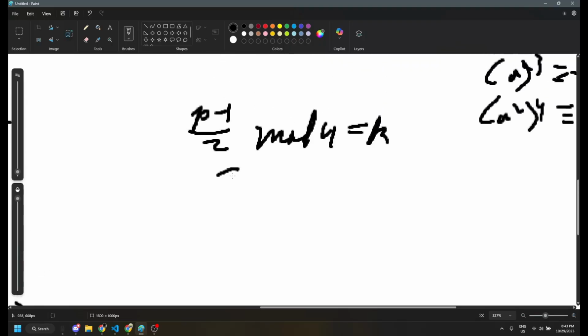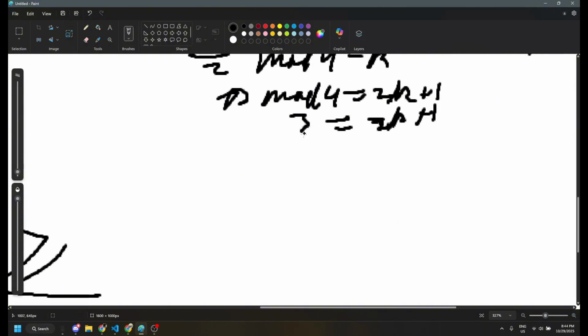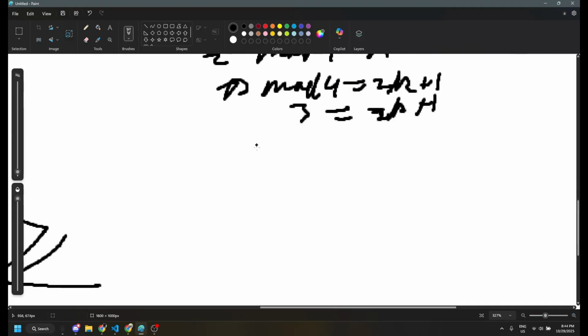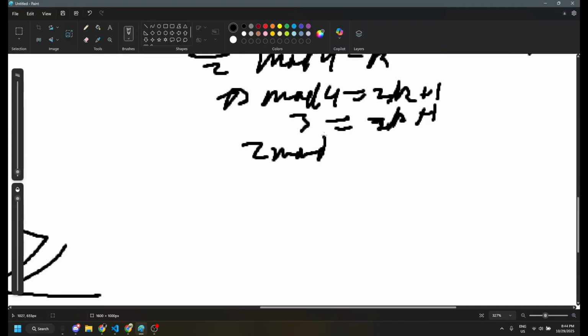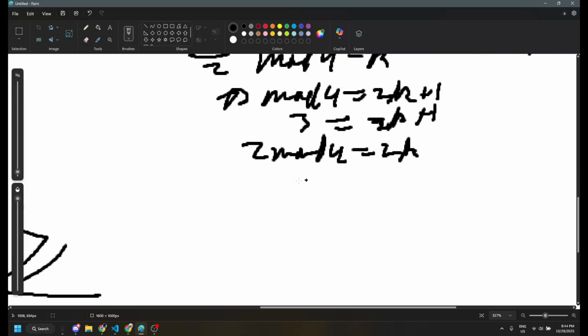We have p mod 4 is equal to 2k plus 1. Let's say p mod 4 is equal to 3, which is the first case, so 3 mod 4 equals 2k plus 1. Then we have 2 mod 4 is equal to 2k, which gives us 1 mod 4 is equal to k.